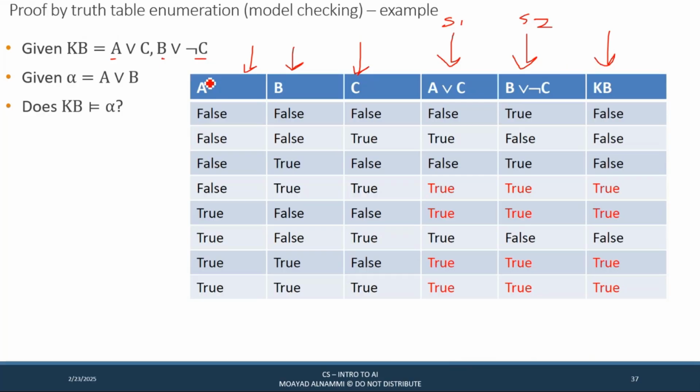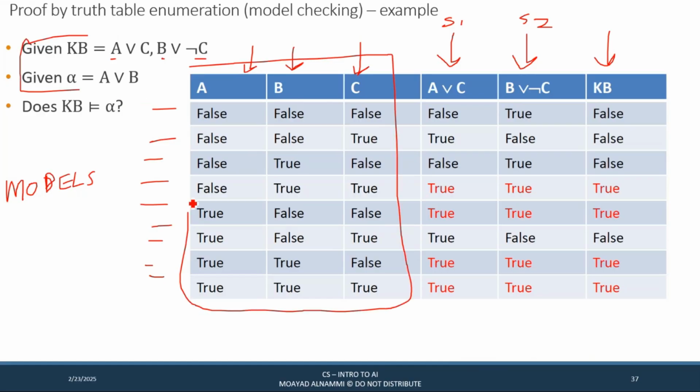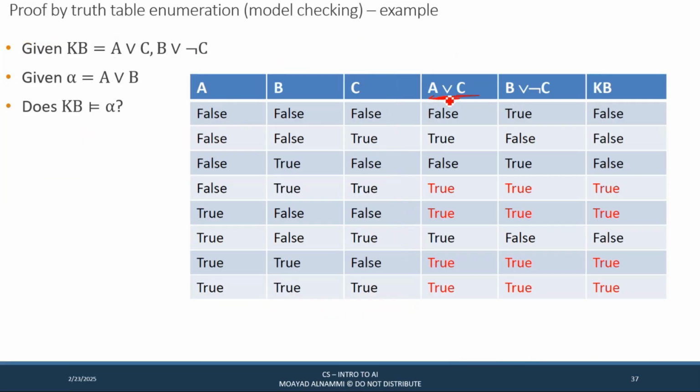In essence, the number of rows is the number of possible models for your variables. There are only three variables, so we should expect 2 to the power of 3, which is 8 possible models or rows. That's why you see 8 rows here. The remaining columns are the sentences, and we evaluate them to false or true based on the semantics of propositional logic.